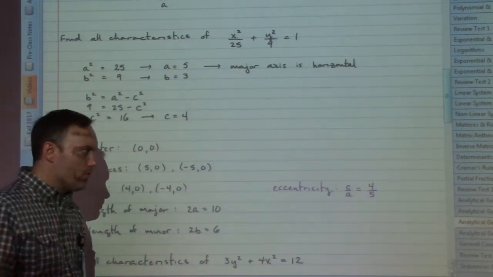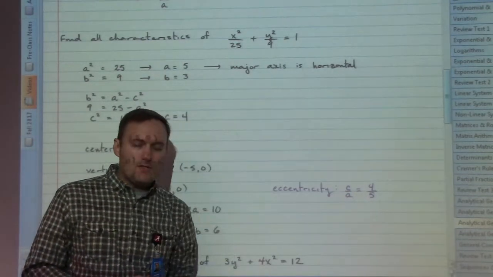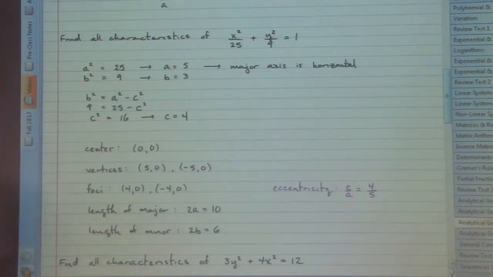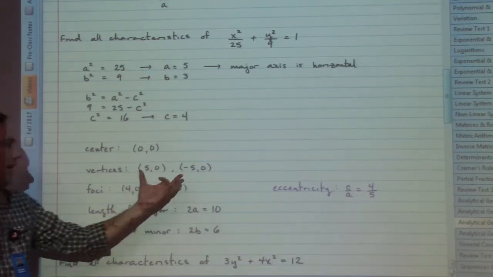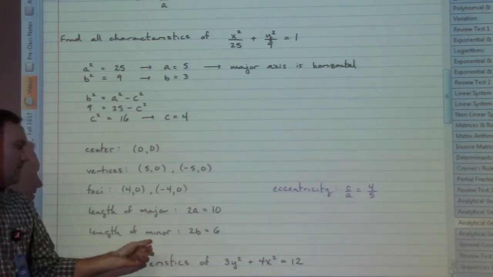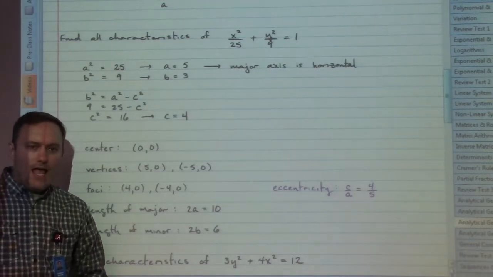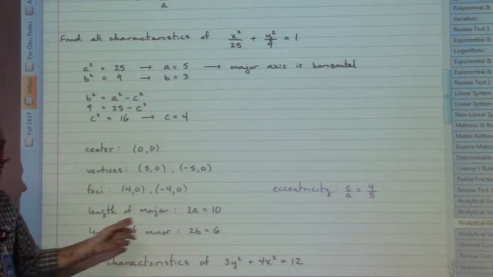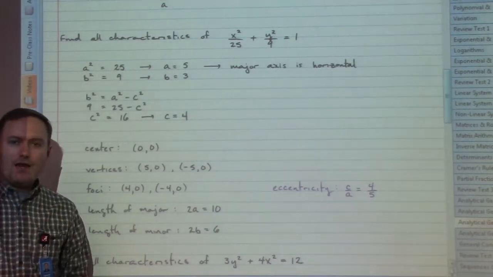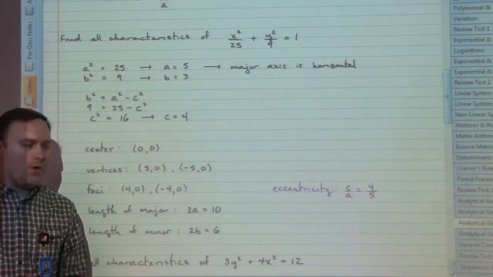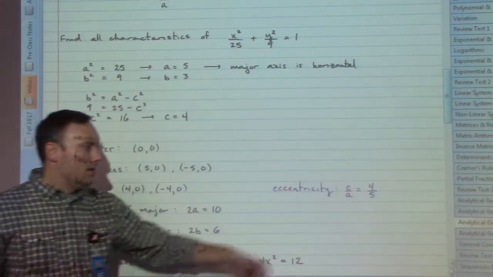And again, though it's much more rare, if we needed to, the eccentricity would be calculated using c over a, which in this case would be 4 over 5. Now, if we took the time to sketch this out, with a minor axis of length 6 and a major axis of length 10, how close or how far away does this seem from a circle?